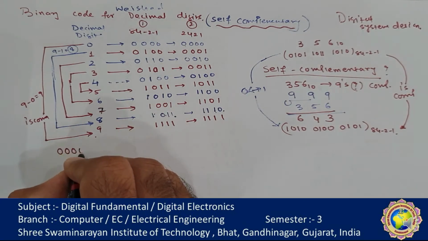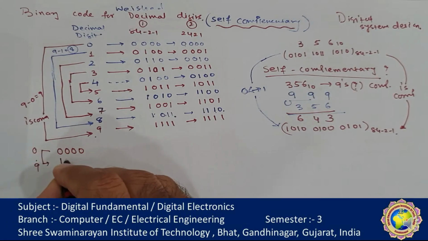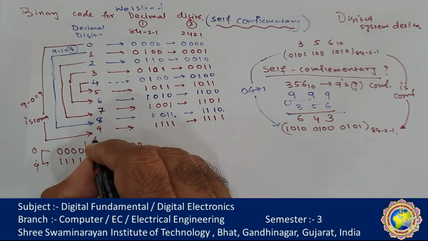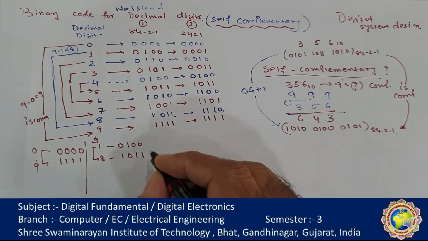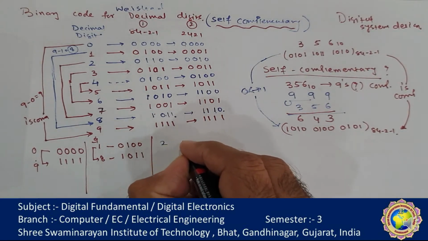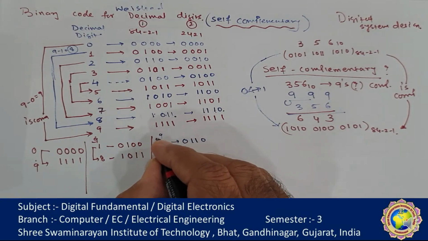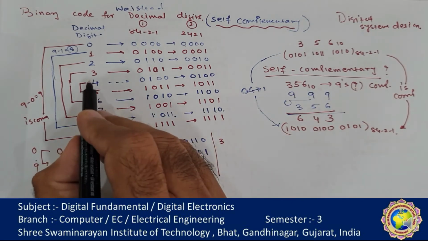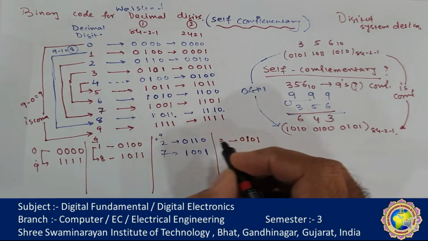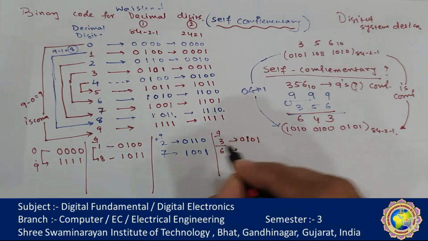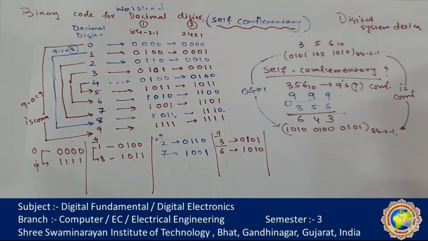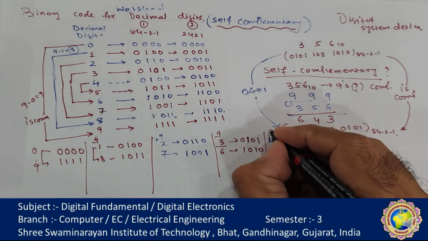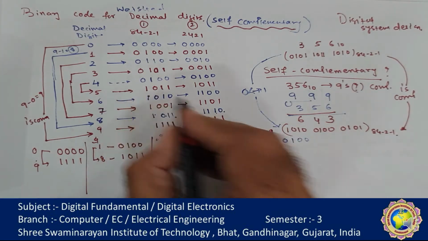0 is 0 0 0 0 and 9 is all 1s. 1 is equal to 0 1 0 0, while 9 minus 1, 8, is equal to 1 0 1 1. 2 is equal to 0 1 1 0. 9's complement, 9 minus 2 is 7, and 7 is equal to 1 0 0 1. 3 is 0 1 0 1, and 9 minus 3 is 6, which is equal to 1 0 1 0. 4 is equal to 0 1 0 0. 9 minus 4 is 5, and 5 is equivalent to 1 0 1 1.